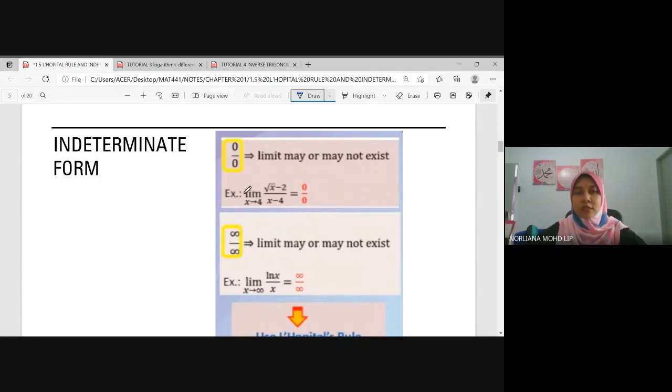For example, take the limit of (square root of x minus 2) over (x minus 4) where x approaches 4. When we substitute x equal to 4, we get 0 over 0. This is the indeterminate form.